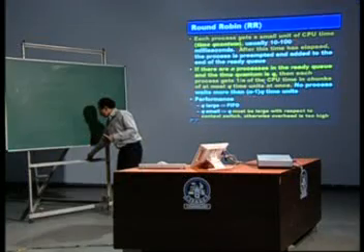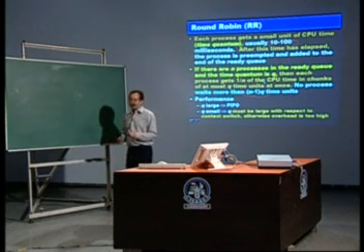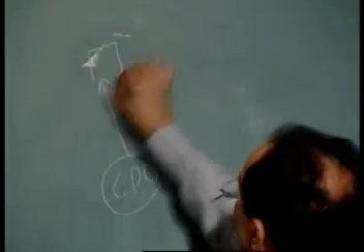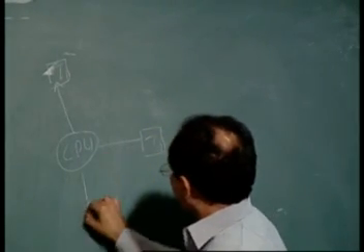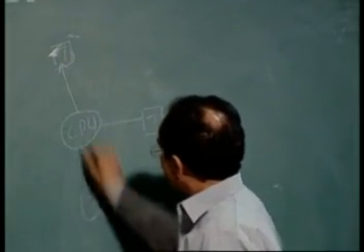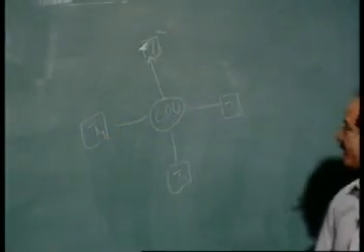Let us say this is my CPU. Round robin scheduling is usually valid in the case of a time sharing system. Let us say this is the CPU, this is my terminal T1, and there are T2, T3 and T4. Now, let us say I start from here.